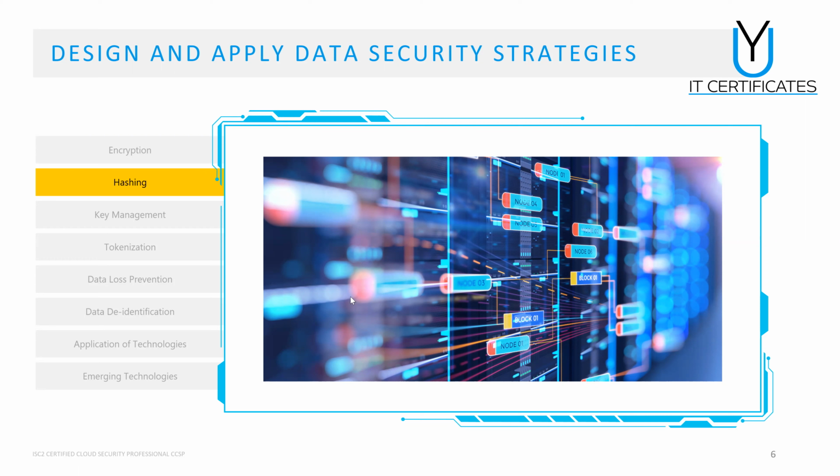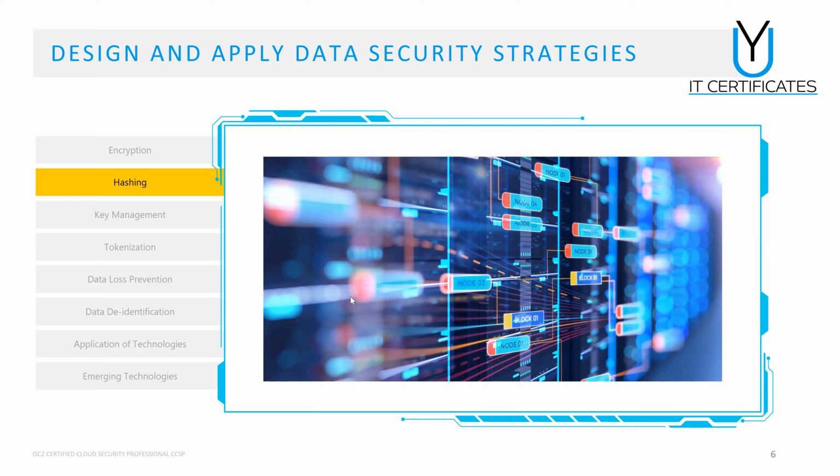This code has a fixed length. It depends, it may be 128 bits or whatever. The popular hashing techniques are SHA and MD5. MD5 is the old one and it's vulnerable, so you can use SHA, for example.